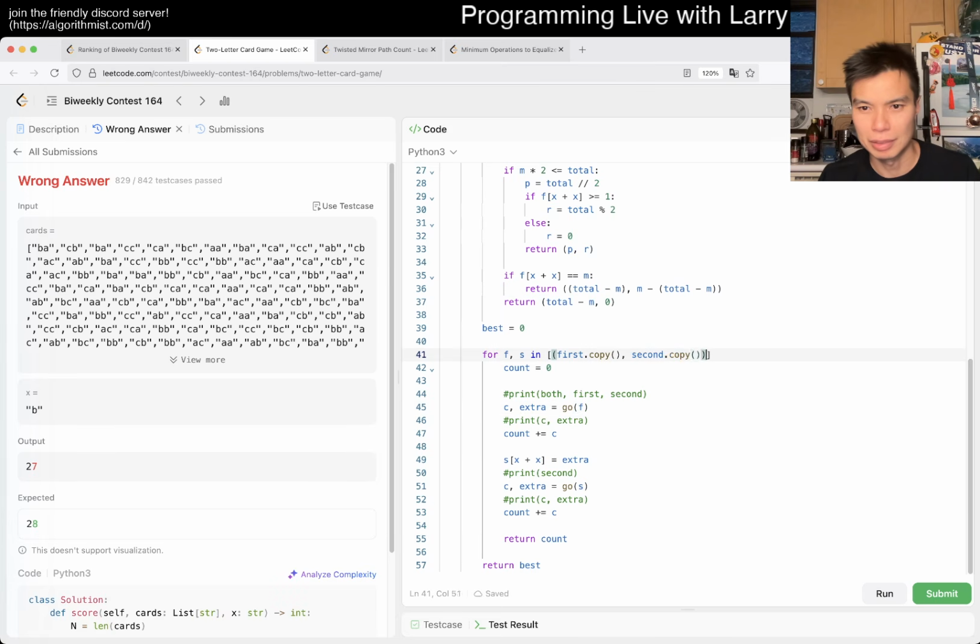I forget if that's the way to do it. Let me actually look it up real quick. Python counter deep copy, because that would be a silly bug to copy.deepcopy.